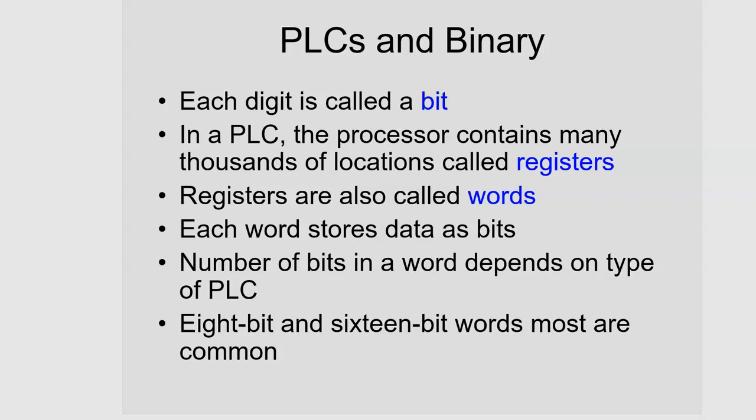Now, the microprocessor contains thousands and thousands of locations called registers. We talked about this last week in lecture. We talked about something called the shift register. A register is a physical device that stores bits. It stores zeros and ones. And I think I mentioned in that lecture that you can actually order devices called registers.